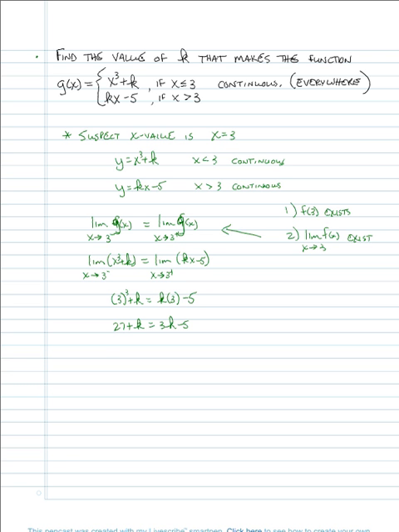We ought to be able to solve the equation that makes those two equal to each other. We'll do that by adding 5 to both sides and subtracting k from both sides. So on the left we have 32, and on the right we have 2k, and when we solve for k, we get k is equal to 16.